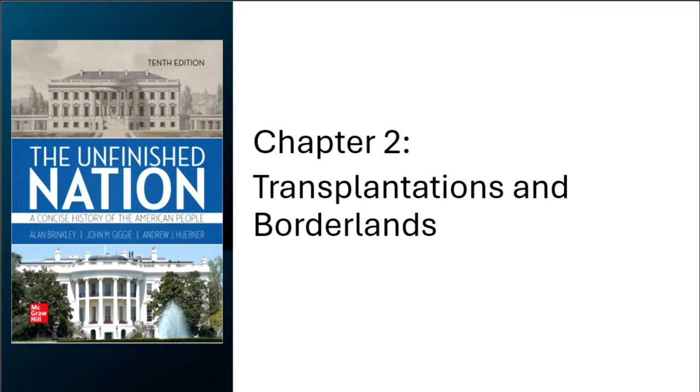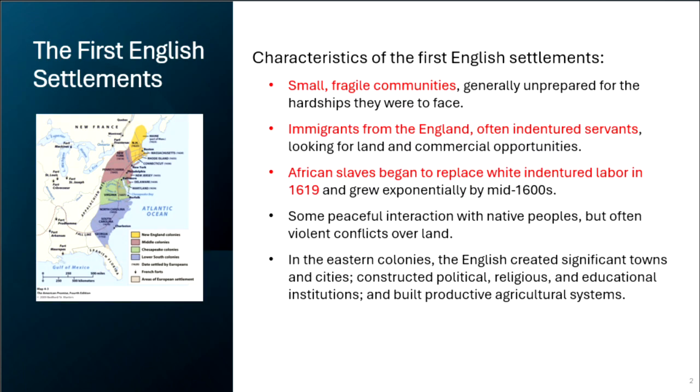Yeah, absolutely. So let's start with the big picture here. If we're imagining these early settlements, what are we talking about? Well, you can think of them like small, fragile communities clinging to the edge of a vast wilderness. Most of the people were English immigrants, drawn by the promise of land and opportunity. But these weren't all wealthy adventurers.